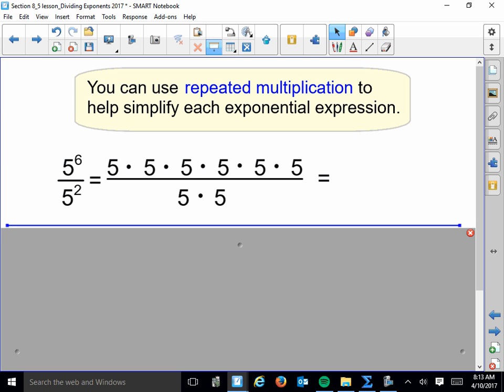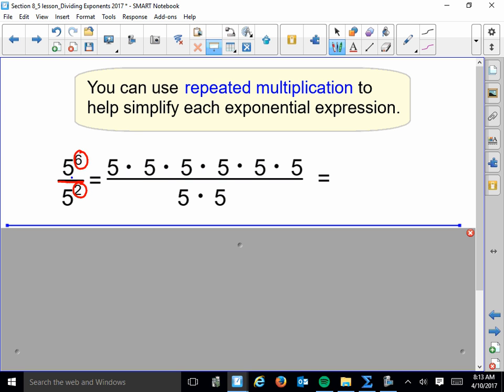In all of our examples last week, we used repeated multiplication to help us find the shortcuts, or the properties, of exponents. We're going to do the same tonight. If we are looking at a problem 5 to the 6th divided by 5 squared, notice that it is a division problem of exponents because we have an exponent of 6 and an exponent of 2.